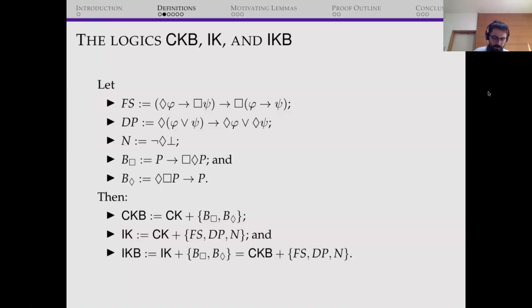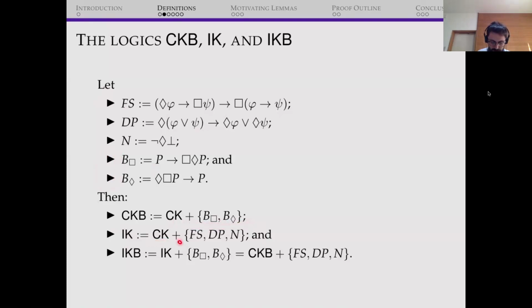And we also consider these two classically equivalent, here non-equivalent, versions of the B axiom. From P you get box diamond P, and from diamond box P you get P. And yes, for CKB you add the two B axioms to CK.